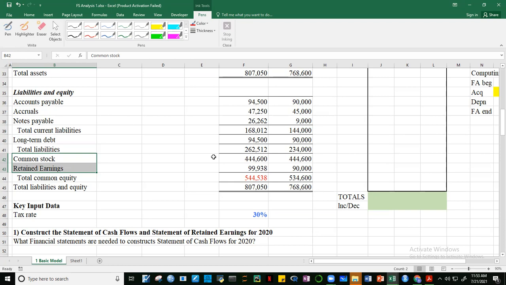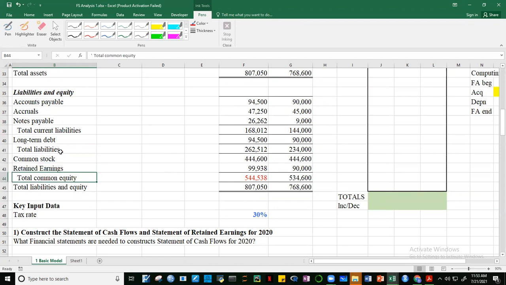Sometimes companies can have common stock and preferred stock. Medyo magkaiba yon, guys. But usually, kung walang preferred stock, definitely may common stock yan. So merong mga companies na parehong common stock at saka preferred stock. And the retained earnings, ito yung accumulated earnings over time. So pag inadd natin tong common stock at saka retained earnings, you'll have total common equity.